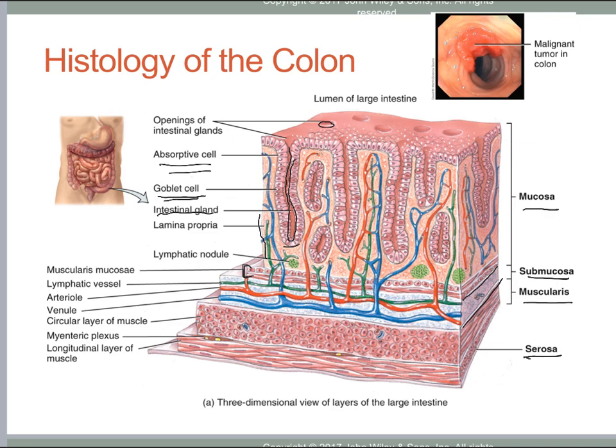And again, you see it is connective tissue that is supporting blood vessels, lymphatics, arteries and veins, arterioles and venules. And then that brings us to our muscularis. Two layers of muscle: a circular layer, our myenteric plexus again, so this is ANS innervation, as well as our longitudinal layer, followed by our outer serosal layer.